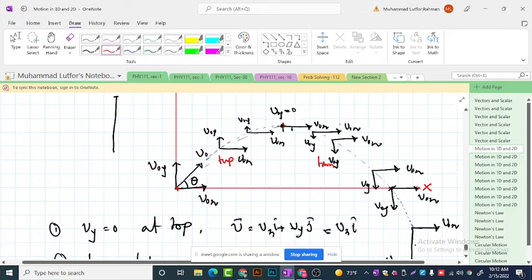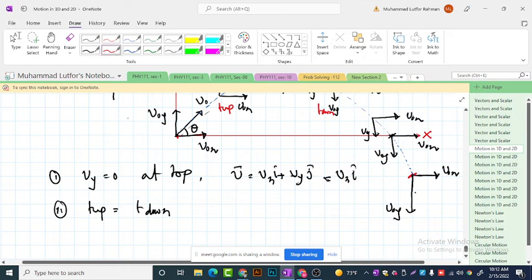But if I say from there to that point, it's not going to be the same, because right now it's traveling some vertical displacement also over here. This is true if the vertical displacement of the particle is 0. T up equals T down when y equals 0. Y means total vertical displacement is 0.